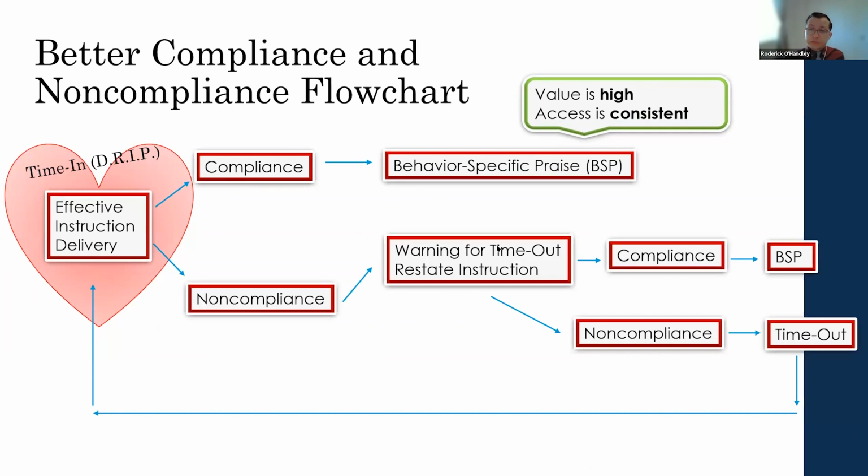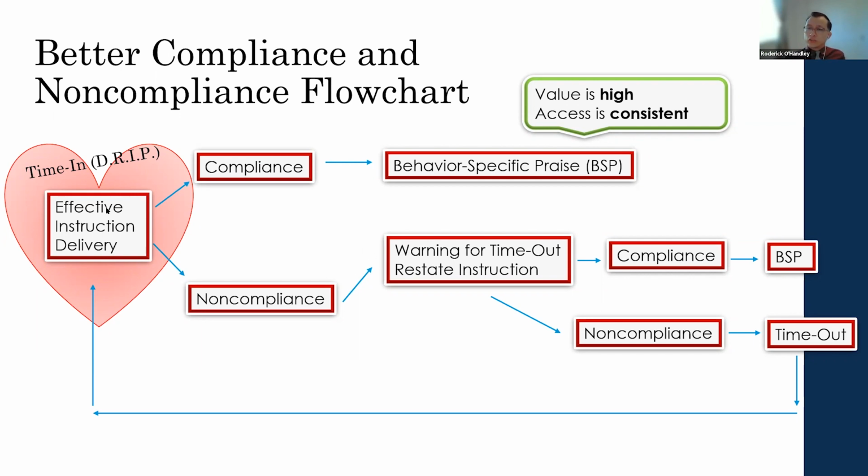That being said, I'll just mention real fast, this is more of a complete compliance and non-compliance flowchart that incorporates time in and DRIP, like we've already discussed, and behavior specific praise. But there are things that we would usually coach parents to do when using a timeout. Timeout is just time away from time in. It doesn't have to be a timeout chair or for a specific amount of time necessarily, but that's a really different conversation.